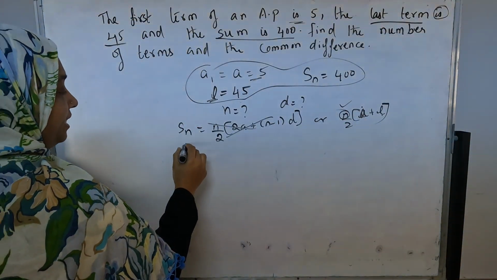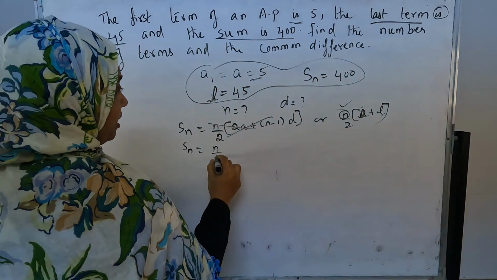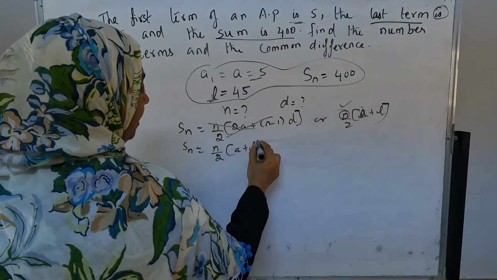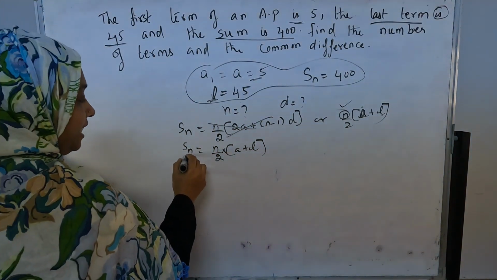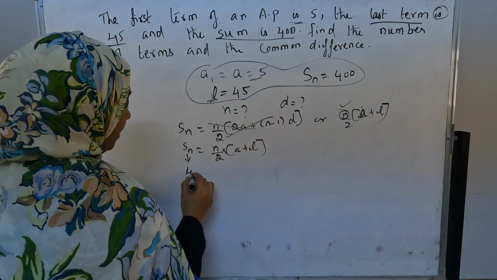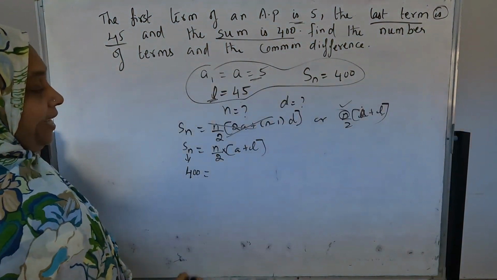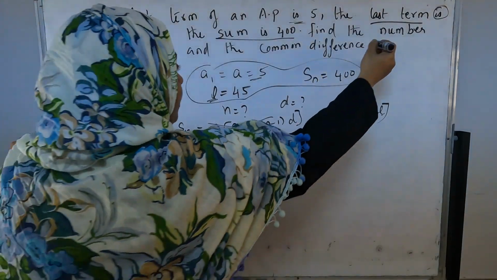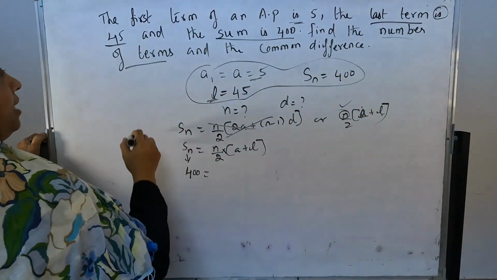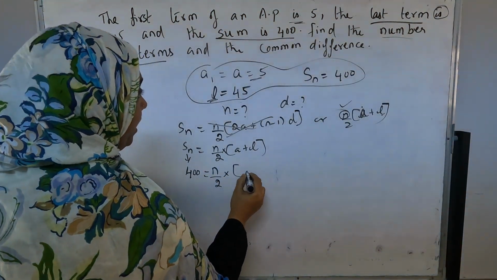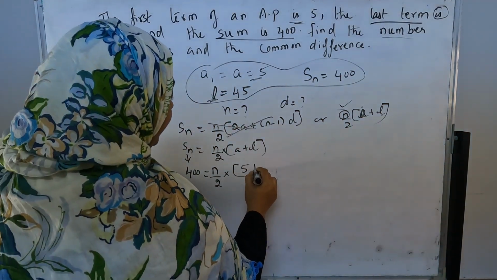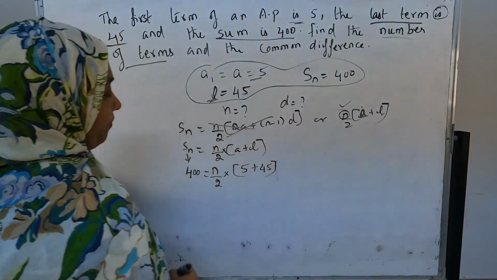Use this one: Sn is equal to n by 2 into a plus l. Here what is the symbol between these? Multiplication. In place of Sn we write 400, and n we don't know, that is the number of terms. n by 2 into a, which is 5, and l is 45.